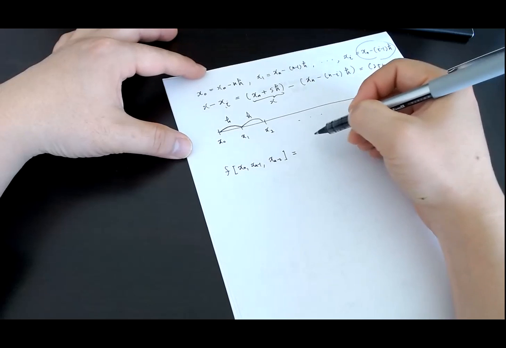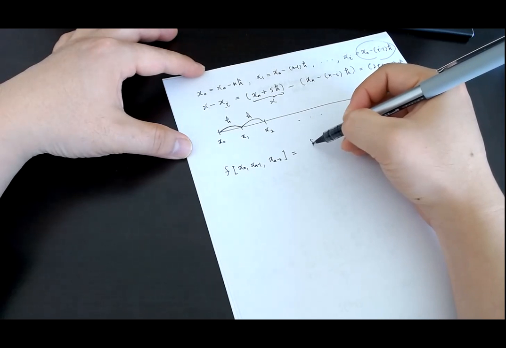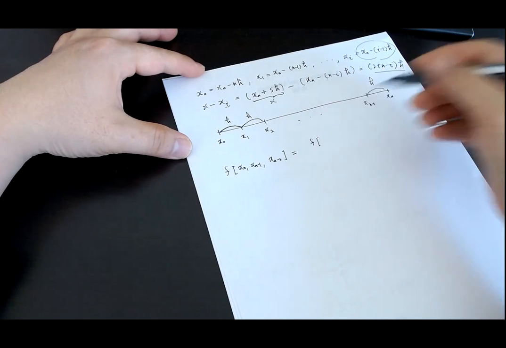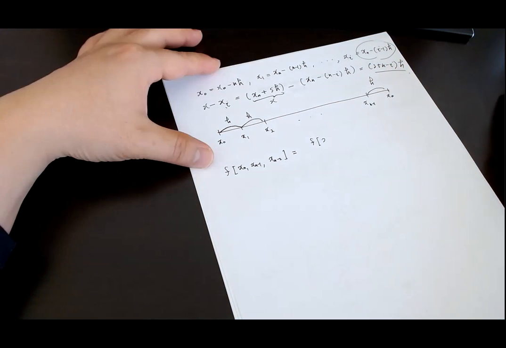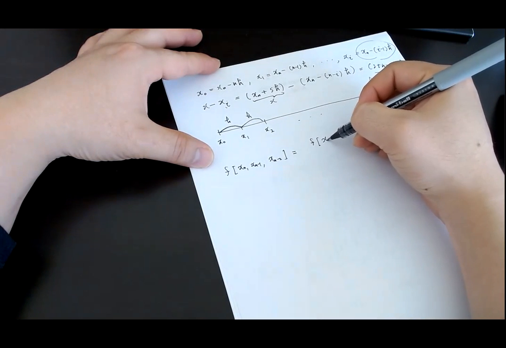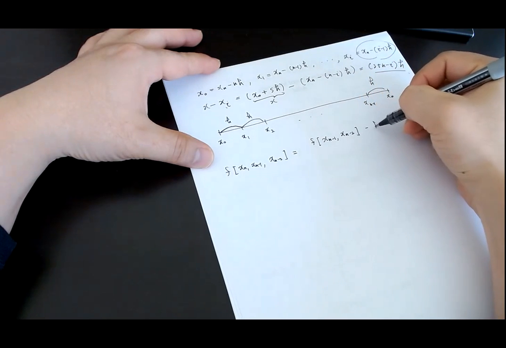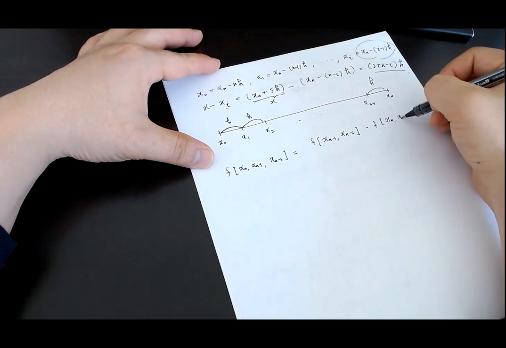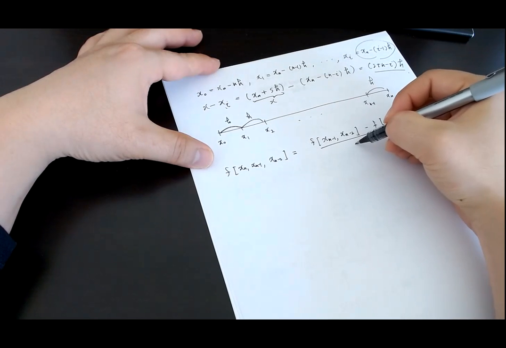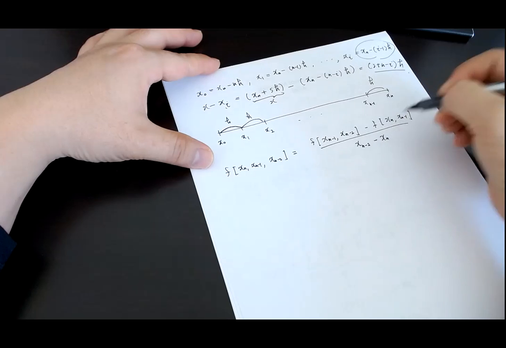So this is equal to f of the divided difference at xn minus 1, xn minus 2 minus f of xn, xn minus 1, divided by xn minus 2 minus xn.